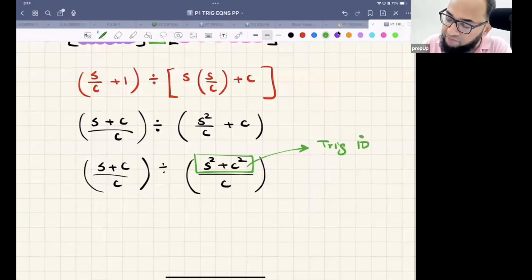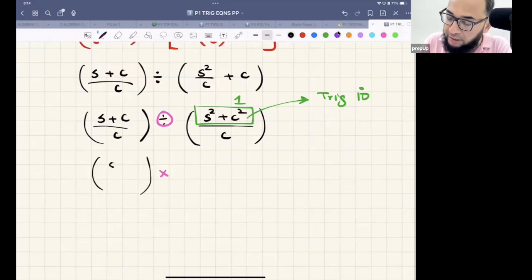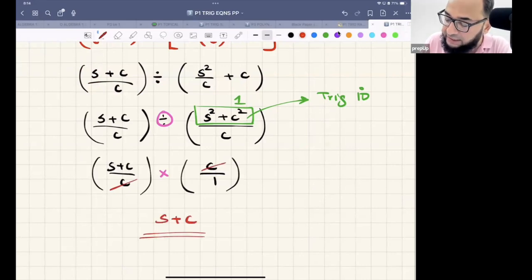This comes out to be 1. And now let's convert this division into multiplication. So let me write over here S plus C over C, times C over 1, and then just do the cancellation. The C and the C cancel out, and I'm left with S plus C, and that's quite easily done.